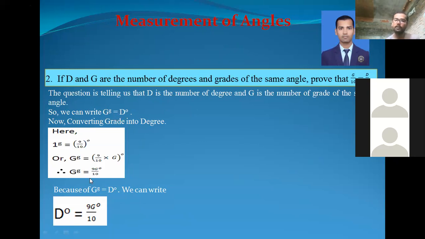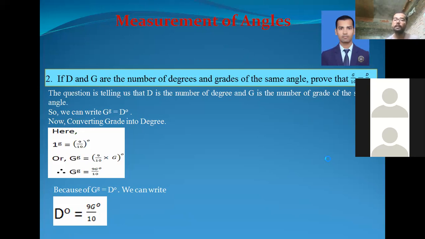As we found that G grade is equal to 9/10 degree, and because both are measurements of the same angle, D degree is also equal to 9G by 10 degree. That's why we can write D degree is equal to 9G degree by 10.